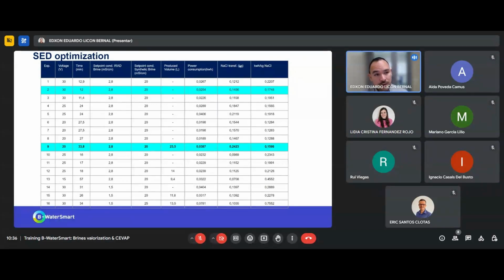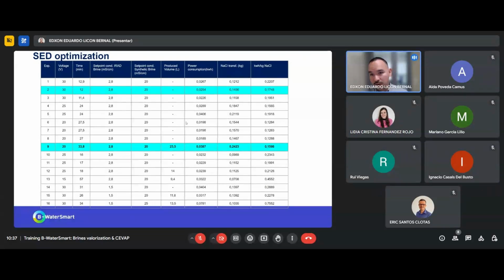We have tested different conditions of voltage and time. One of the important things was that we had a set point of the synthetic brine that we wanted to produce, and we wanted to produce a certain volume in which, by maintaining the conductivity, either by moving ions or by adding water, we are capable of producing a volume of this brine that will be used.